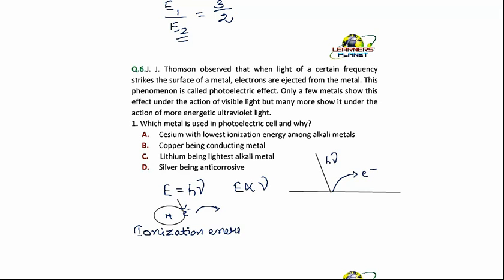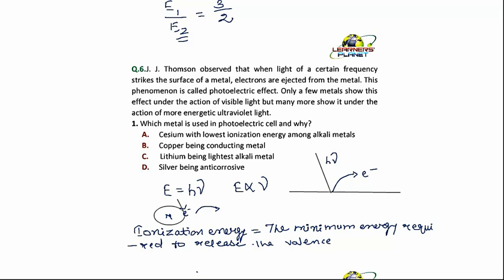Ionization energy is equal to the minimum energy required to release the valence electron, or the loosely bound electron, right?